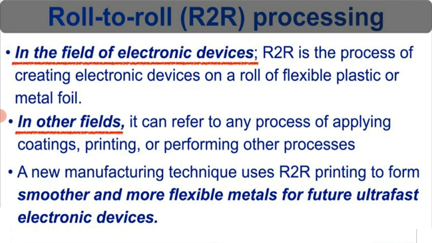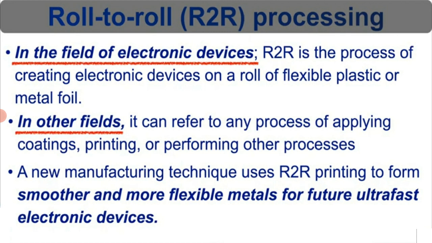Next one is roll to roll processing, also denoted as R2R processing. In the field of electronic devices, roll to roll is the process of creating electronic devices on a roll of flexible plastic or metal foil.